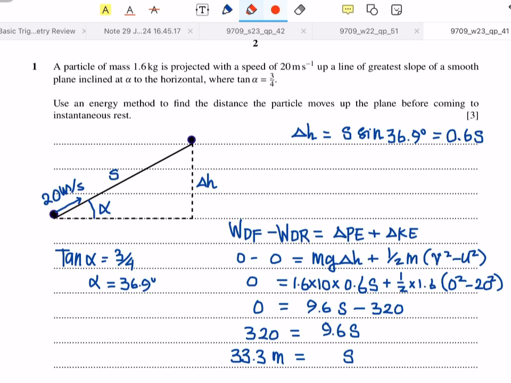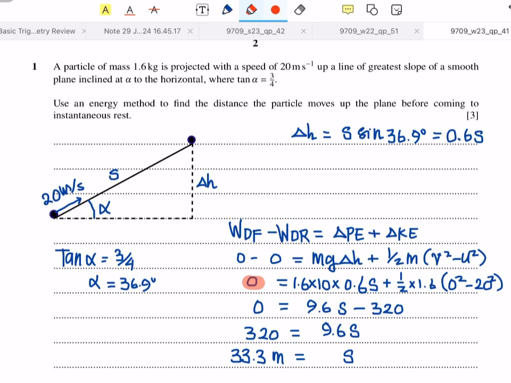Work done by driving force minus work done by resistance is equal to change in potential energy plus change in kinetic energy. There is no work done by driving force and also no work done by resistance, so we put 0 there. Delta PE is mg delta H, while delta KE is half m(v squared minus u squared).